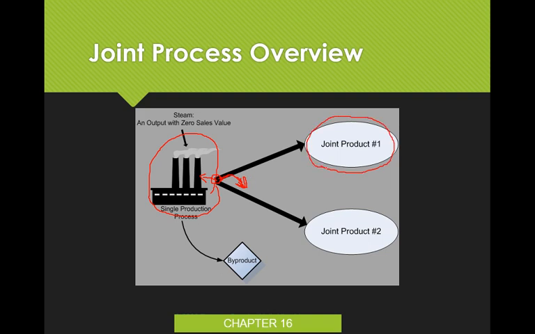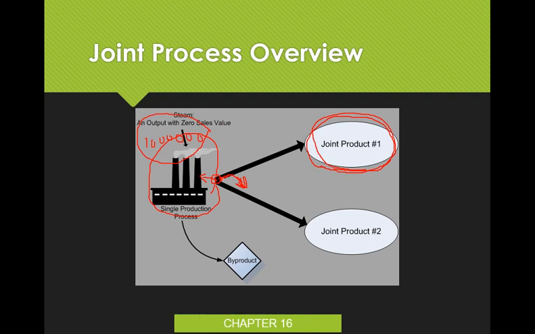For joint product number one, we incurred $1 million here before this point, which is joint cost that relates to all the joint products that are produced.